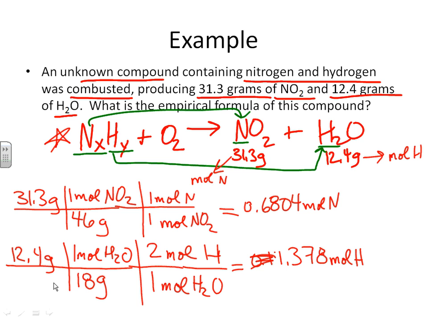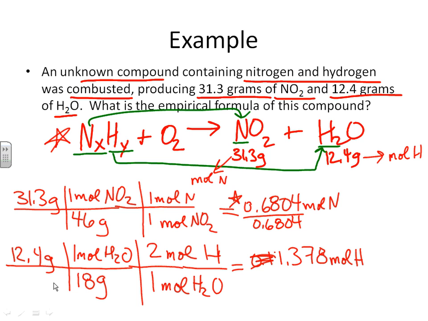Whether or not the ratio is clear to you right now depends on how comfortable you feel working with decimals. If you see the ratio, you can go right to the empirical formula. If not, you'll want to do this next step, wherein you find the smaller number of moles. You look at these two and figure out which one is smaller. That's the nitrogen. So we're going to divide both of these values by the smaller number.